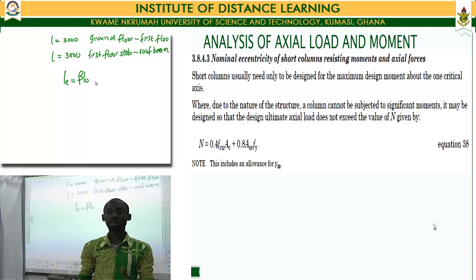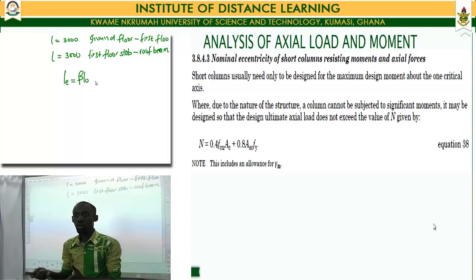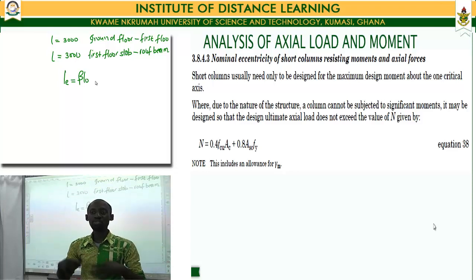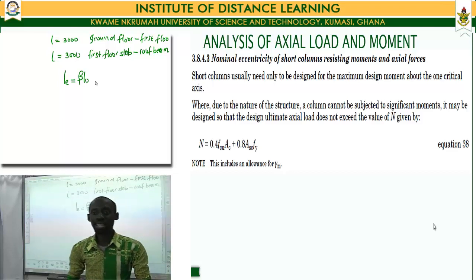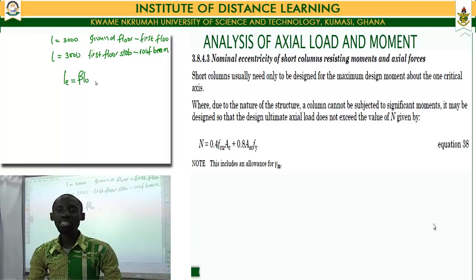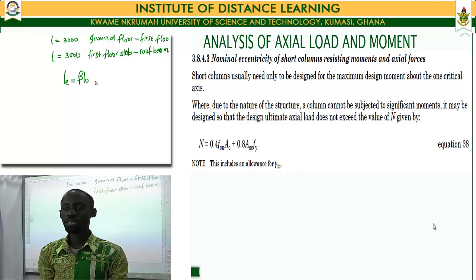Where the structure is not resisting so much moment, the code says that we should design our column such that the ultimate axial load that the column is supposed to carry does not exceed its column capacity.